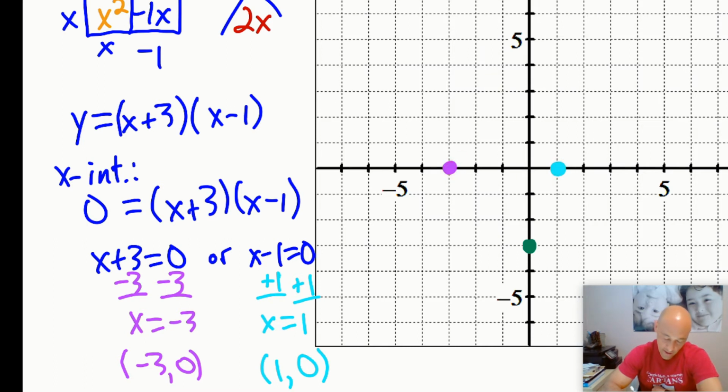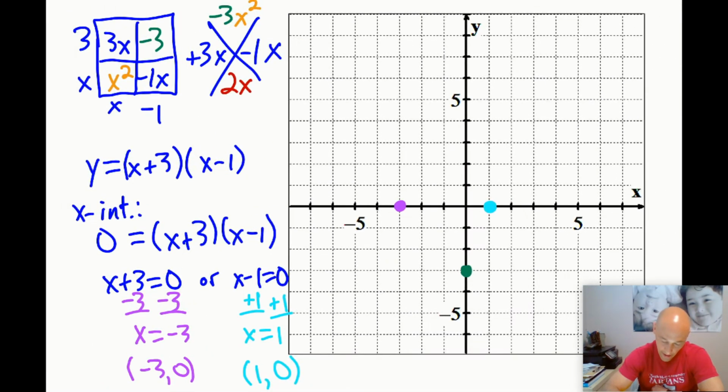And so this distance is 1, 2, 3, 4. So those two x-intercepts are 4 units apart. That means that the middle is 2 units apart from each side. 1, 2, 1, 2. So right here is the axis of symmetry.